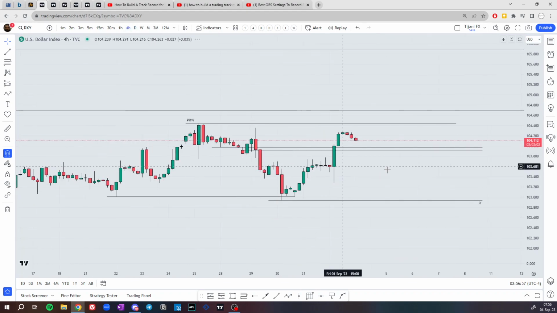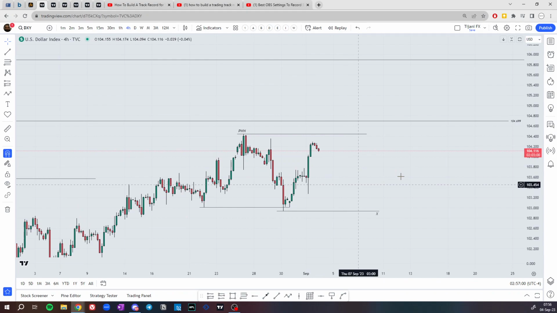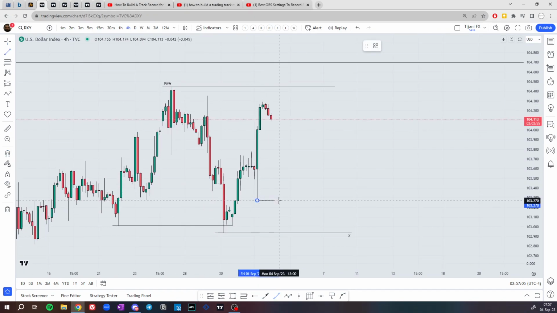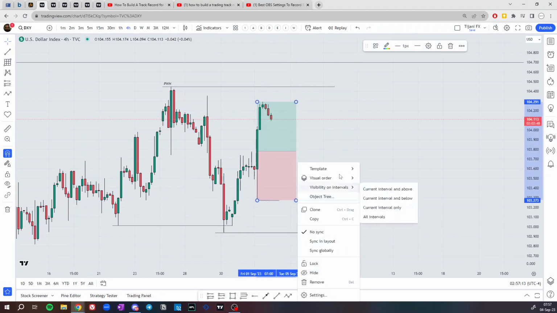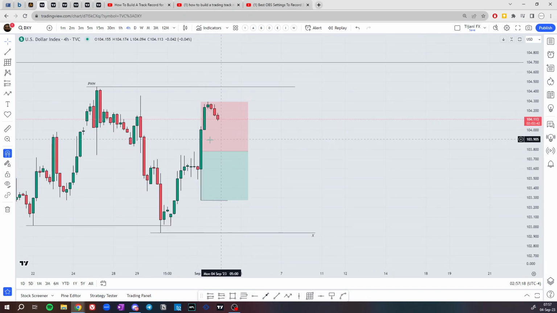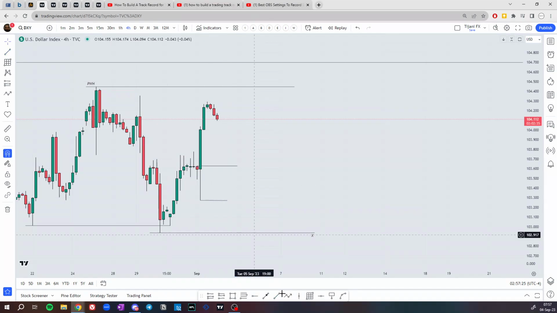On the 4 hour time frame, what we have is this range from this low to this high. I want to see a retracement to this area here, filling this fair value gap with the volume imbalance right here.